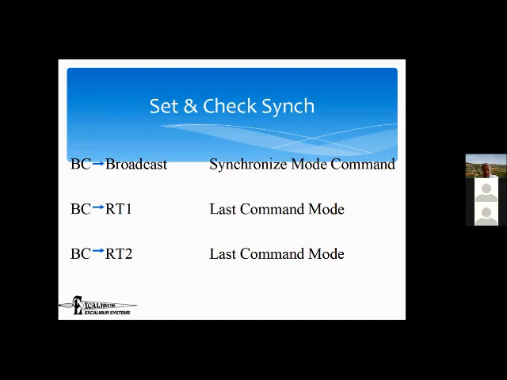So the bus controller asks for the last command, and the RT responds with 2 words. One is a copy of the last command word, which should be the broadcast command. And the next is the status, which says, did the broadcast command come okay? And by checking each, potentially up to 31 different RTs, I now know whether they're all synchronized or not.